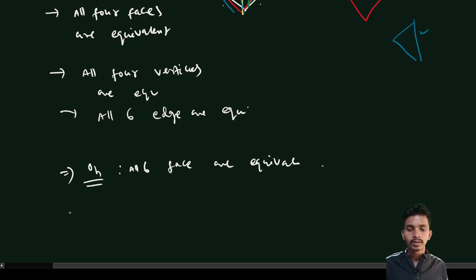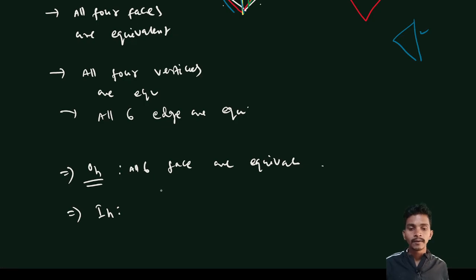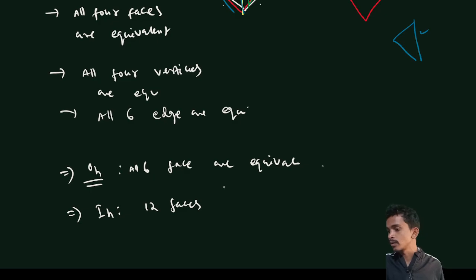Similarly, for the icosahedron, represented by Ih, there are 12 vertices, or 20 faces.